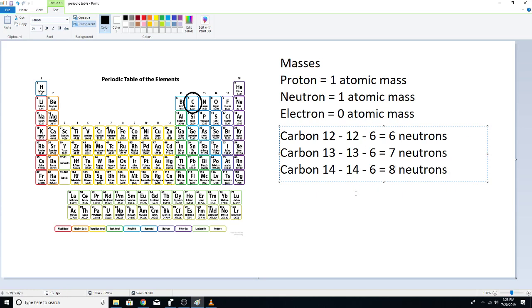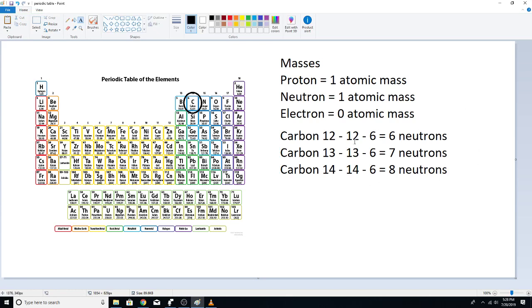So there we go. We can determine that an isotope of an element is basically dependent on how many neutrons that particular atom has. And also don't forget that you might see a decimal as the atomic mass in the periodic table. It's not talking about the actual atom being 12.01. It means an average of all the atoms.